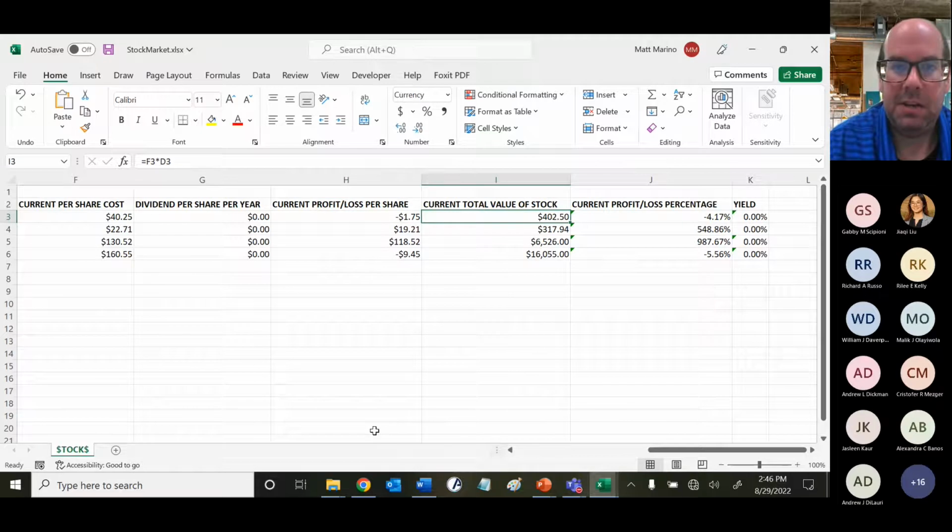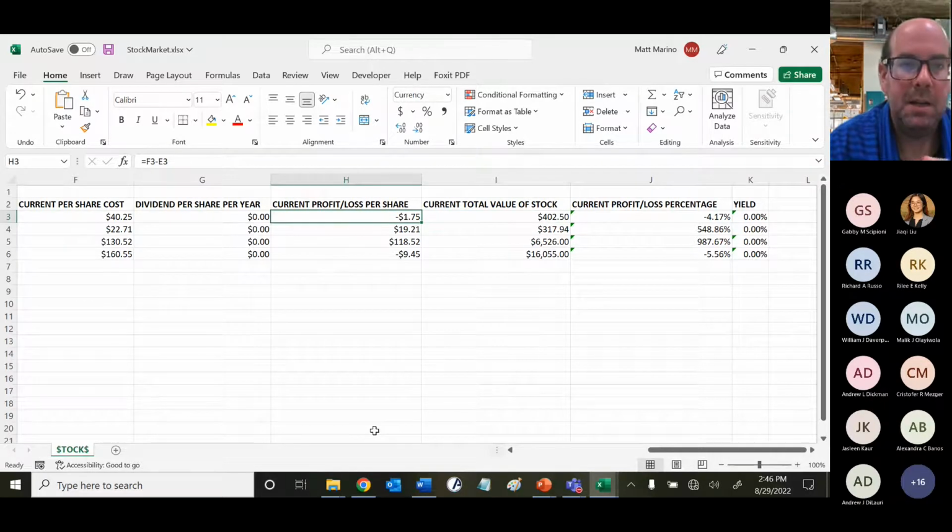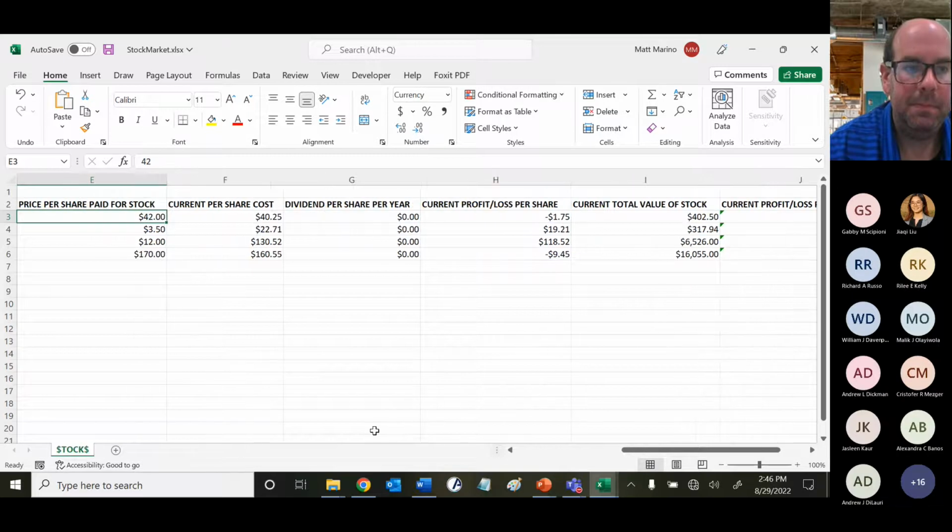So you notice for the other three, I already have the formulas set up for you. So for current profit or loss per share, all you're doing is subtracting the current per share cost by the price you paid.